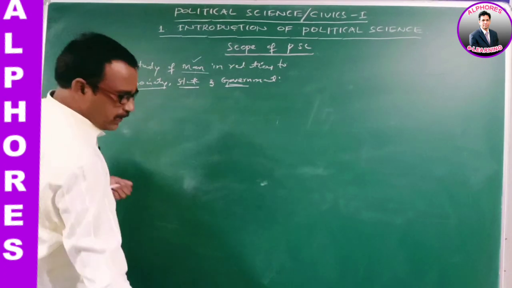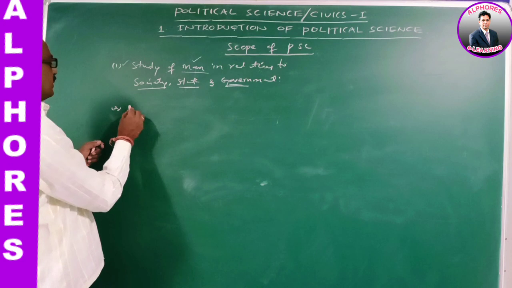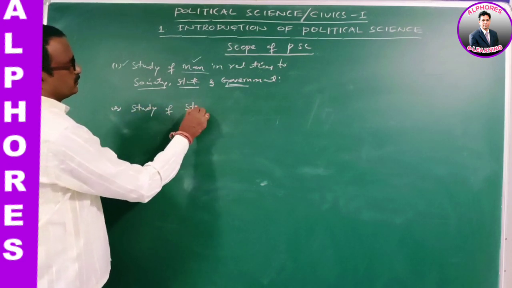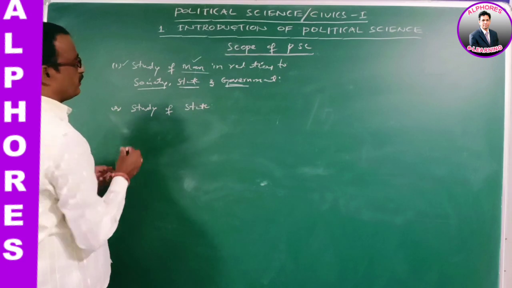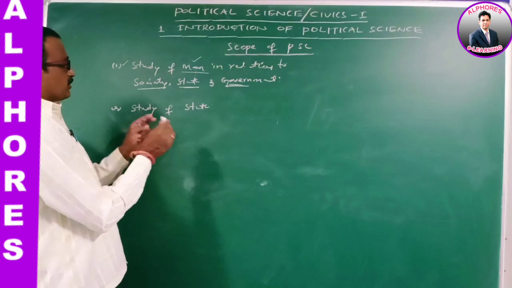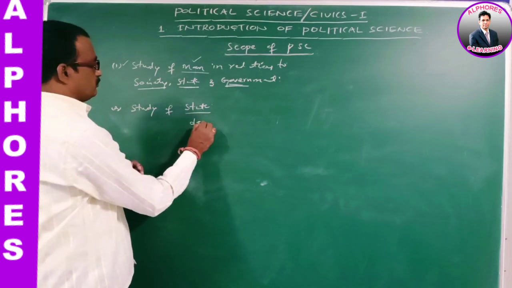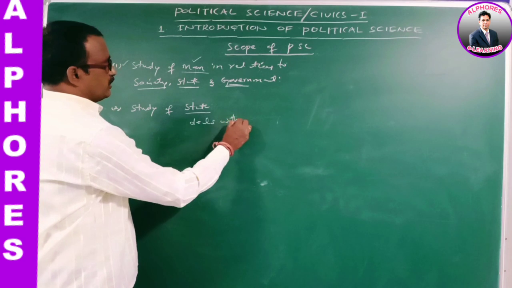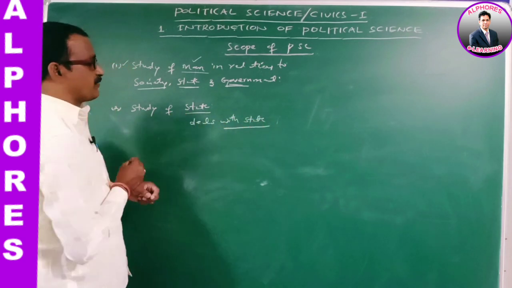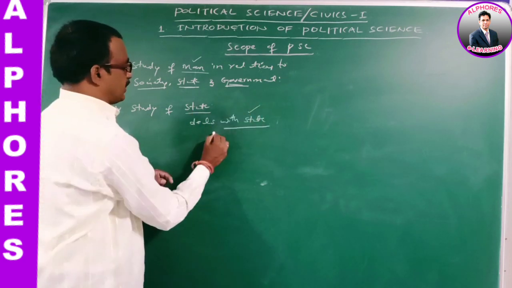Then the scope of political science includes study of state. Particularly, political science deals with state. Political science deals with what? State. Some political philosophers consider the political science as a science of state.